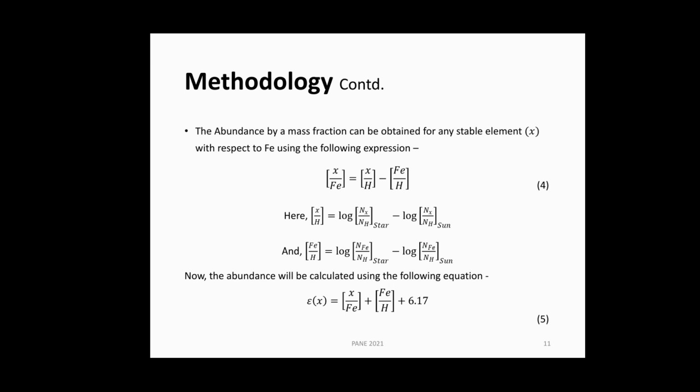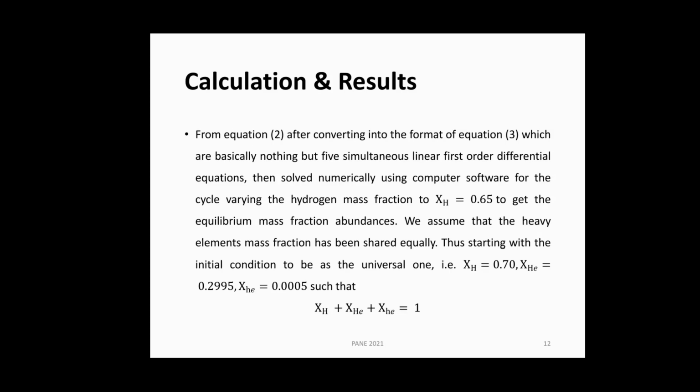Abundance by mass fraction of any stable element X with respect to Fe can be obtained using the following expression, where X by Fe is equal to X by H minus Fe by H. The abundance is calculated using the following equation, where epsilon of any element X is equal to X by Fe plus Fe by H plus 6.17. Equation 2, after converting to equation 3, gives basically 5 simultaneous differential equations, and we solve them using computer software.